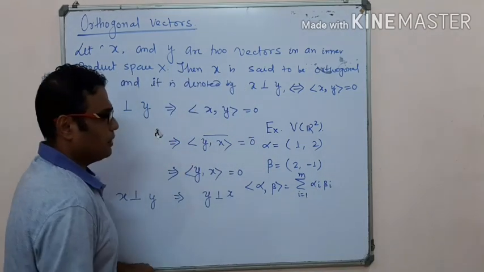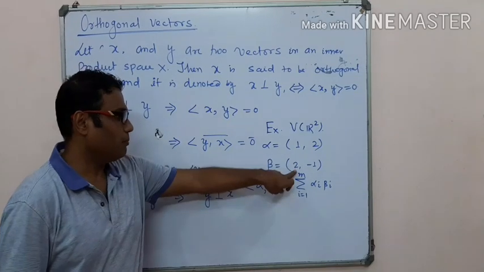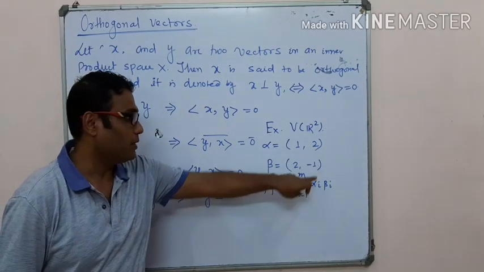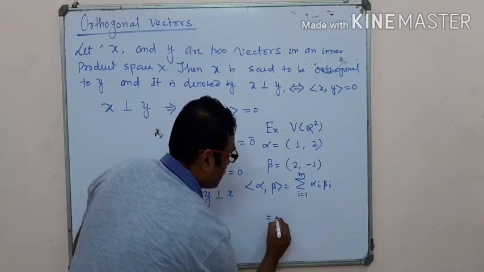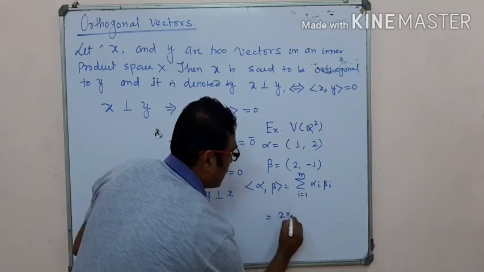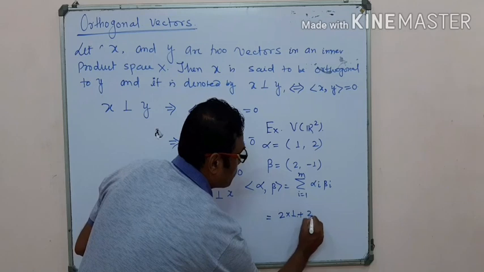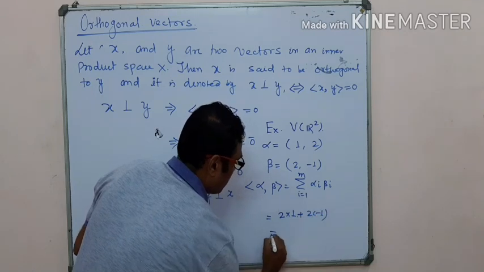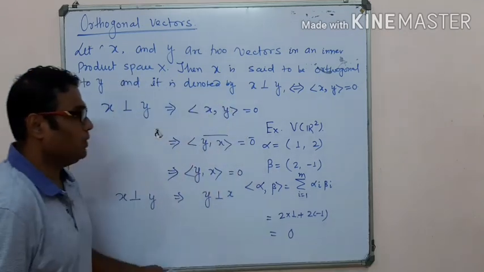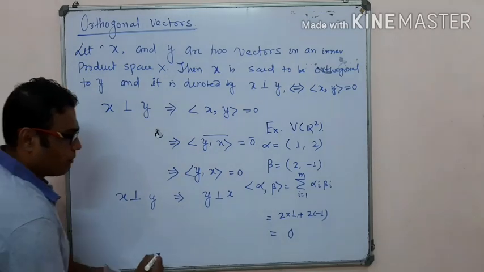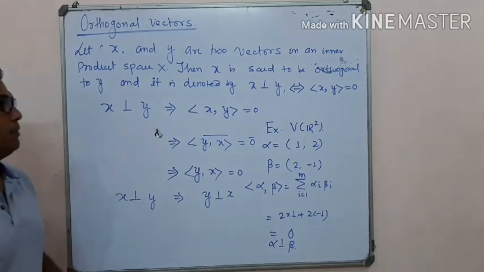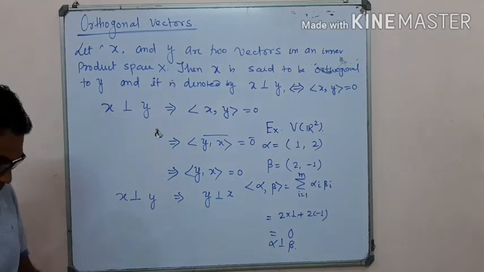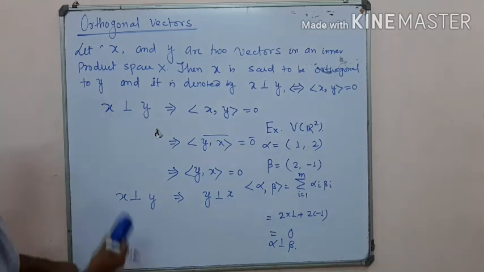That is, the first coordinate is multiplied by the first and the second by the second. So this is 1 multiplied by 2 plus 2 multiplied by minus 1, and the total answer becomes 0. Then we say that alpha is perpendicular to beta. This is a very simple example related to our definition.